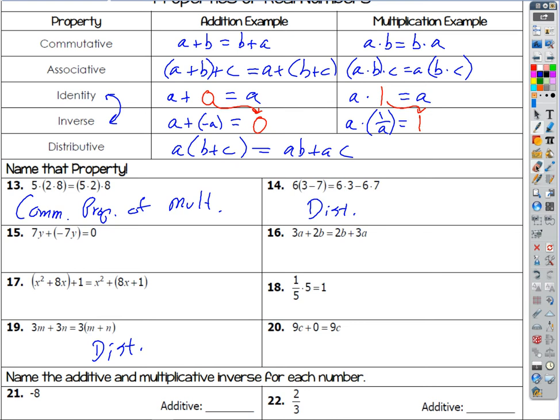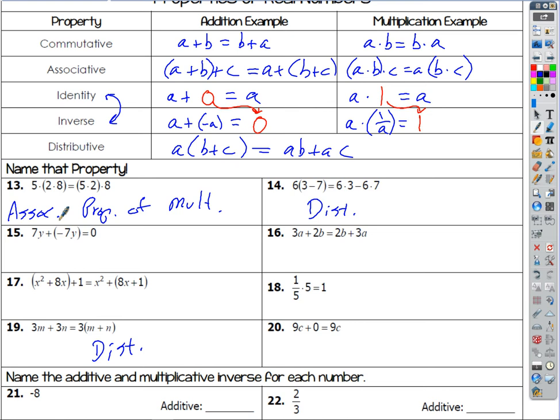You're right. Good. What about 17? Associative property of addition, right? Good.